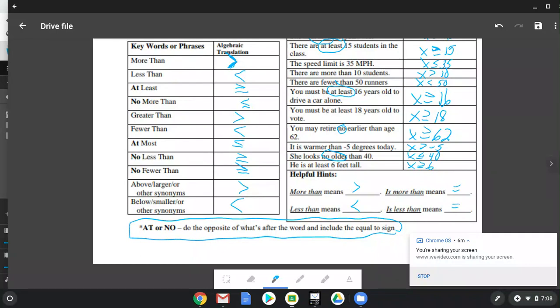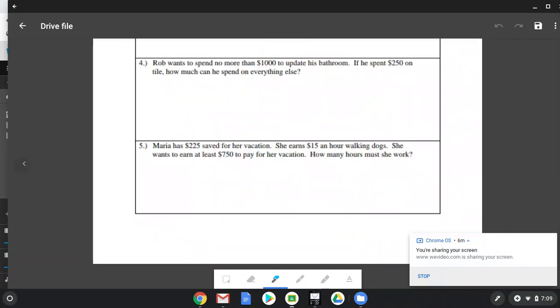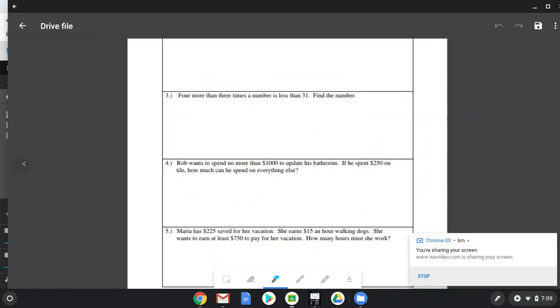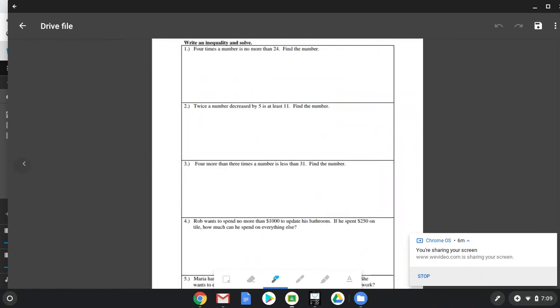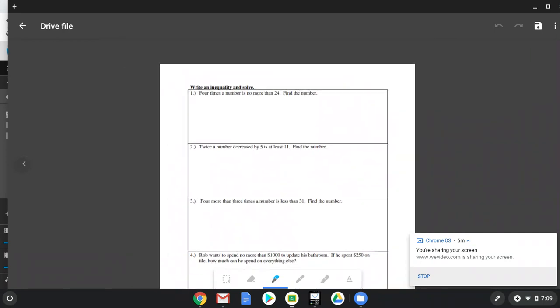And is less than means that there's an equal sign there. So the keyword there is at means equals, and no doesn't have the equal to. So let's keep going. We have these 5 problems on the back.